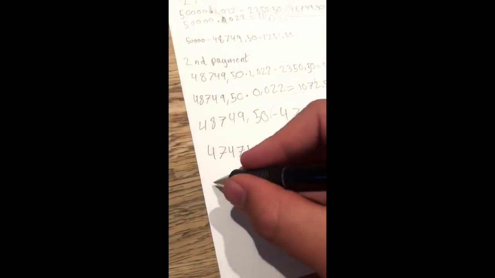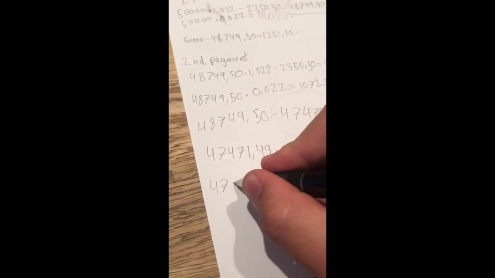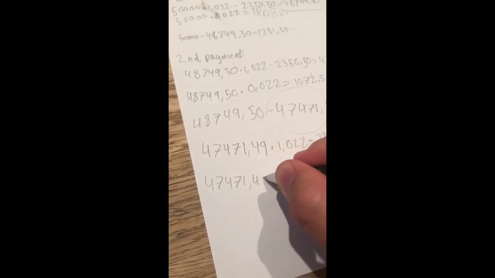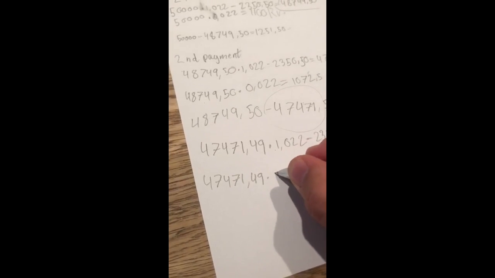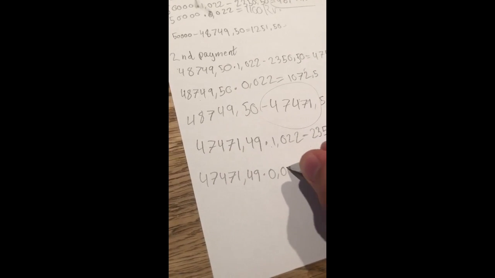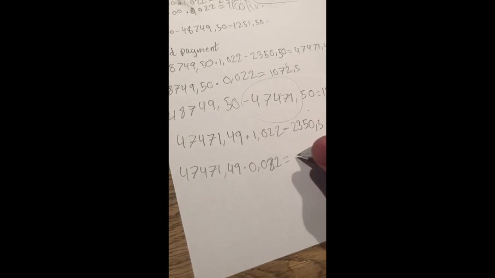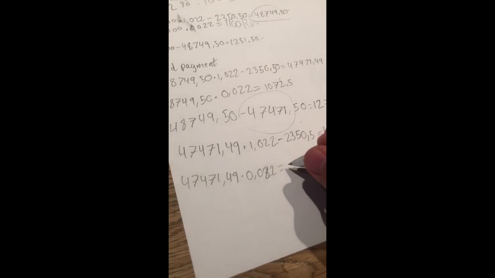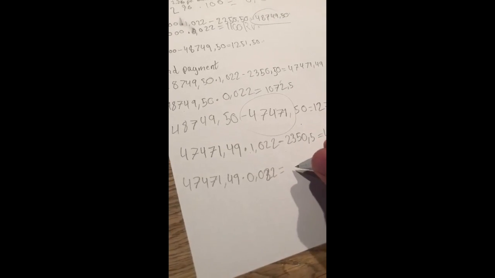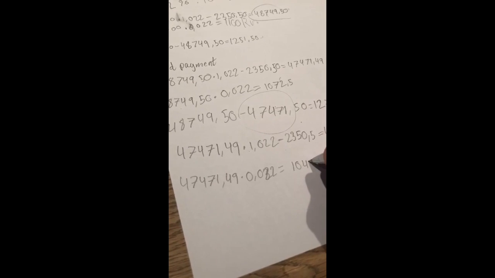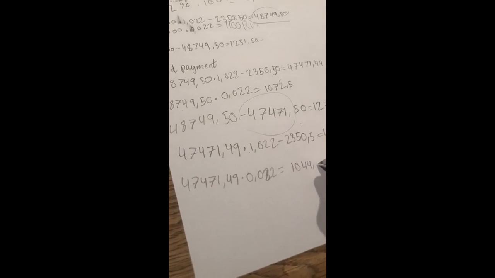Now what we do is we just take the old principal value again, and then we multiply it with the percent in decimals, and that equals 1,044.4.